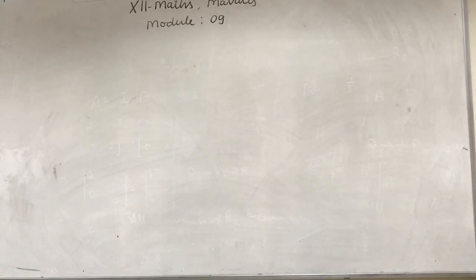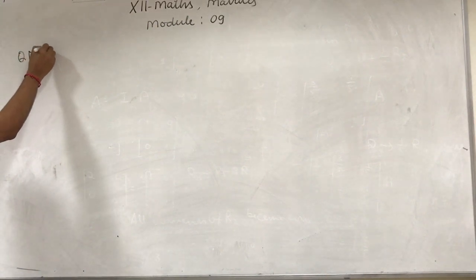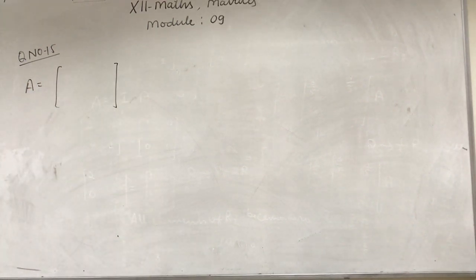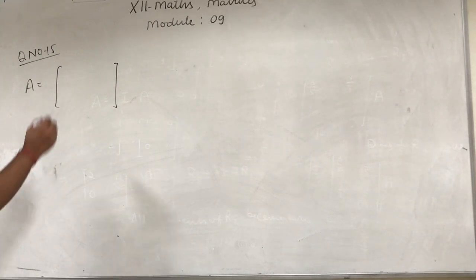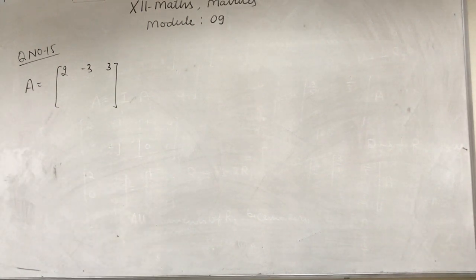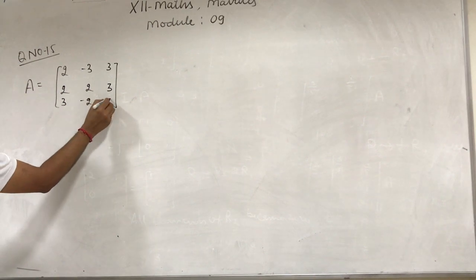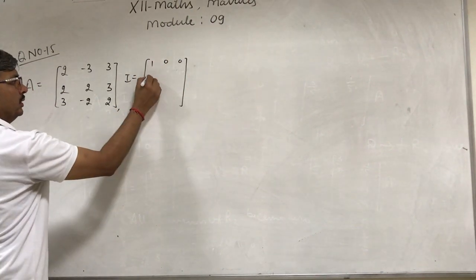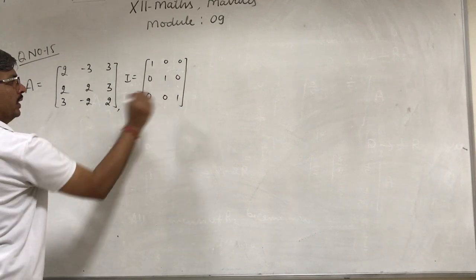Question number 15. Matrix A is given of order 3 by 3, and this is [2, -3, 3; 2, 2, 3; 3, -2, 2], and I will become [1, 0, 0; 0, 1, 0; 0, 0, 1].